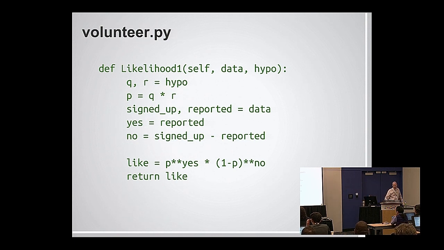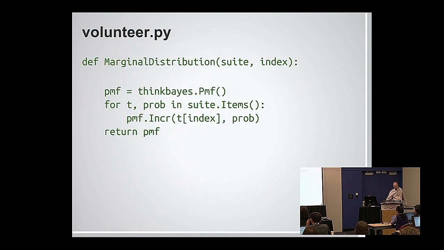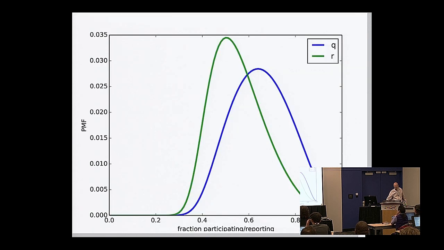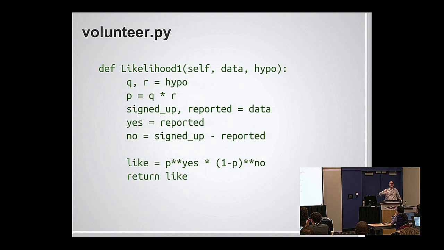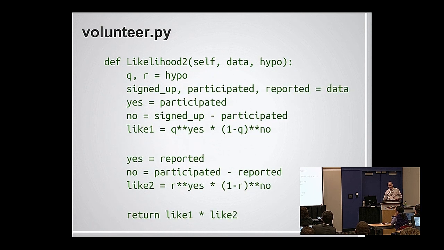After doing that update, let's see if I have both of these. No? Okay, I thought I might have shown them both. After you do this update, you can't actually distinguish between Q and R. Your posterior beliefs about Q and R are the same. Okay? After you do the second update, now you can distinguish between Q and R.